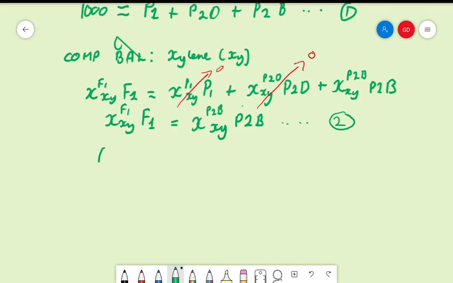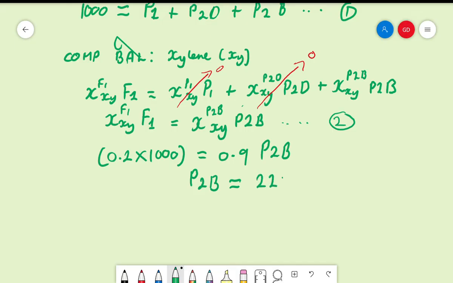We know that xylene in F1 is 0.2, which is 20% of the stream, multiplied by 1,000, which is F1, is equivalent to 0.9 in P2B multiplied by P2B. Then P2B becomes the only unknown. When you work that out on the calculator, you'll find that it's 222.2 pounds per hour.